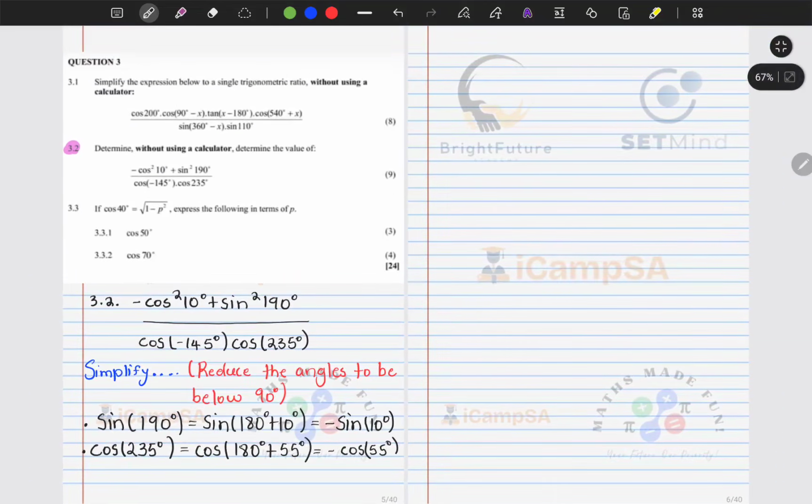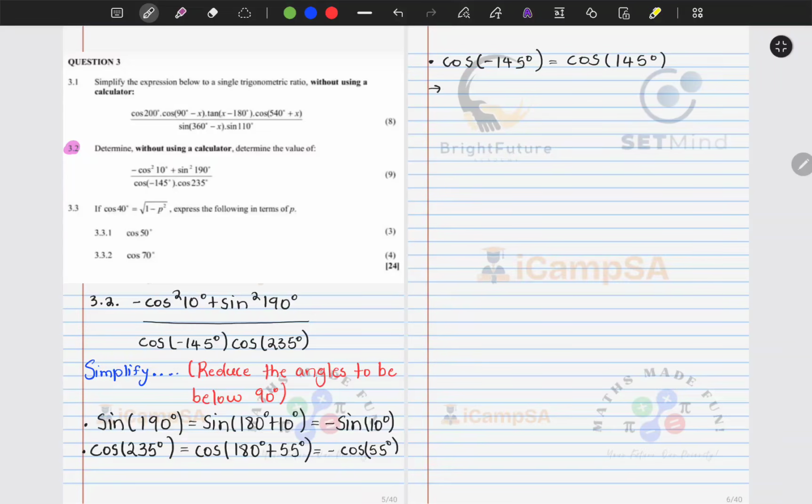And we can now have a look at the other one, which is cos of negative 145. What you should know is that whenever you have cos of negative an angle, it gives you the same as cos of the same but positive angle.